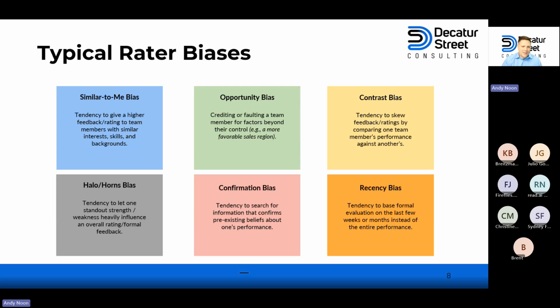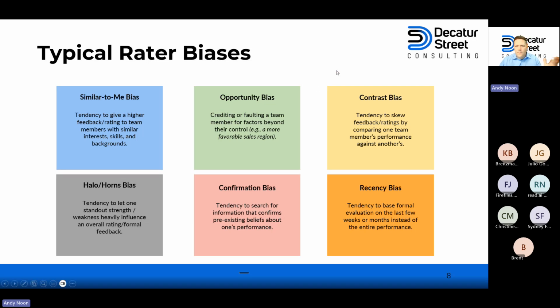Halo and horn bias, the idea that when somebody has this great characteristic, you evaluate all of their characteristics as being positive, or if it's a negative characteristic, you evaluate all of their capabilities as being negative. Confirmation bias is, hey, when you have something you're looking for, you tend to find things that support it. And then recency bias is the idea that when you're evaluating somebody from a succession standpoint, you're tending to look at things very recent and giving it a higher level of impact on your evaluation.